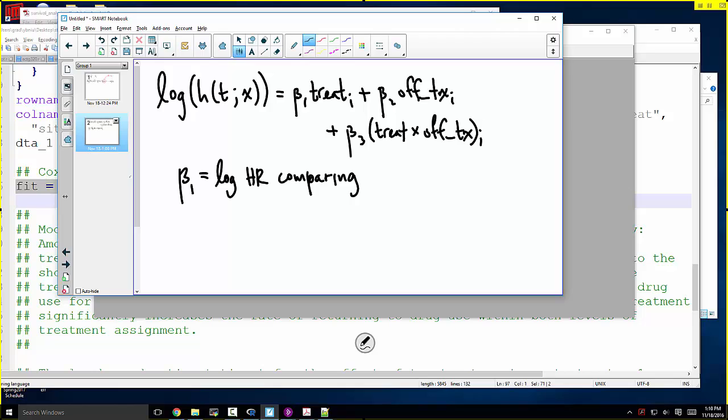This is the log hazard ratio comparing long treatment to short treatment among those currently under treatment.